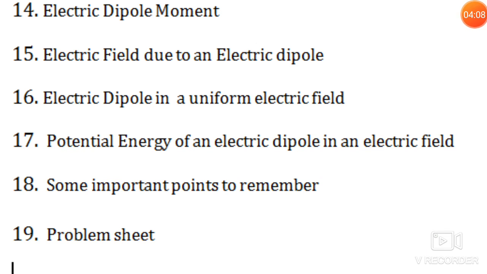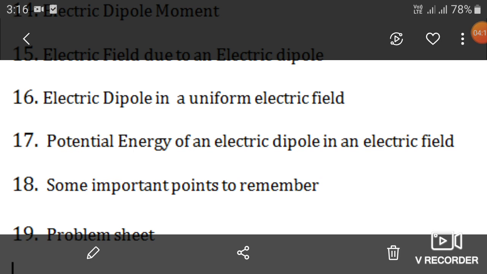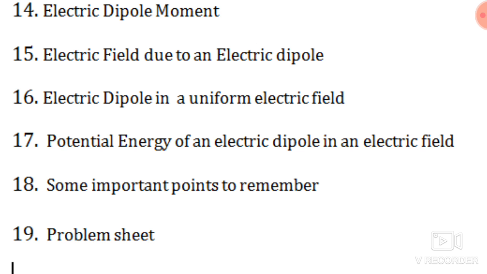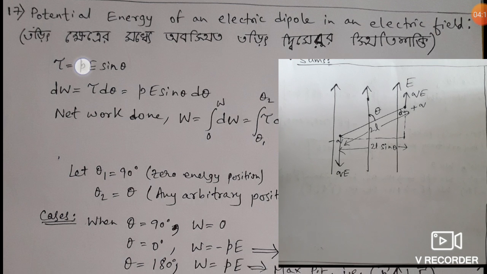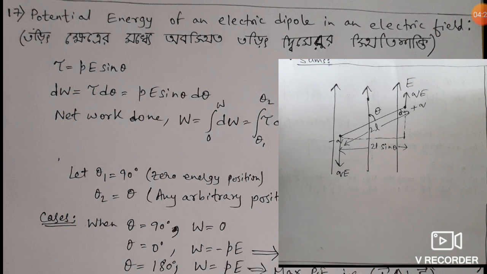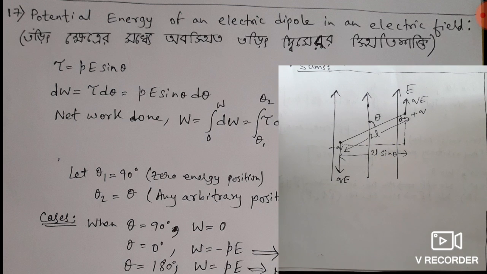Now let us discuss point number 17, potential energy of an electric dipole in an electric field. We can see the expression tau is equal to PE sine theta. Now if this dipole rotates through an angle d theta due to the torque tau, the small work done dW is equal to tau into d theta.